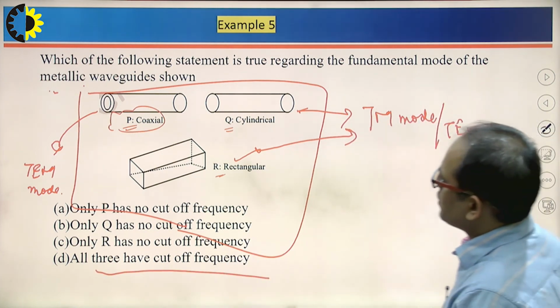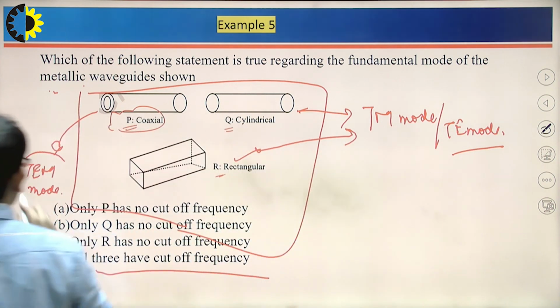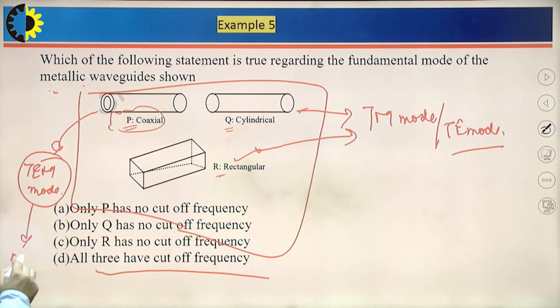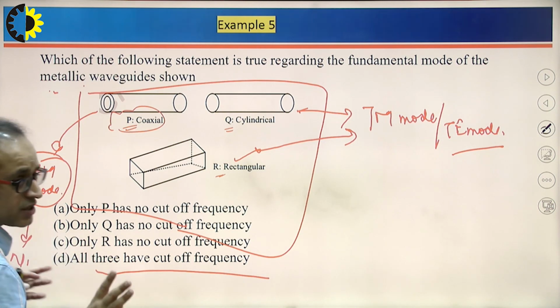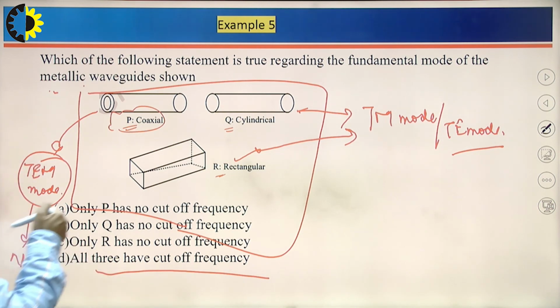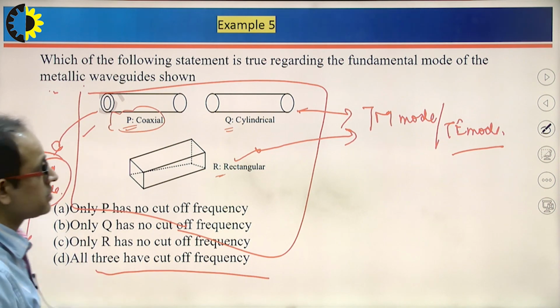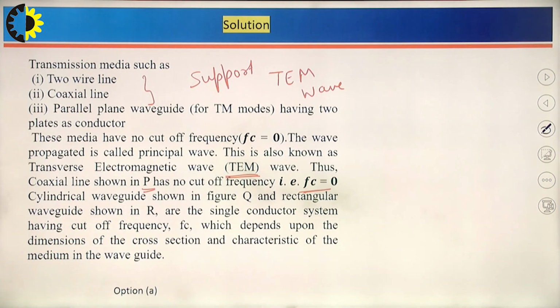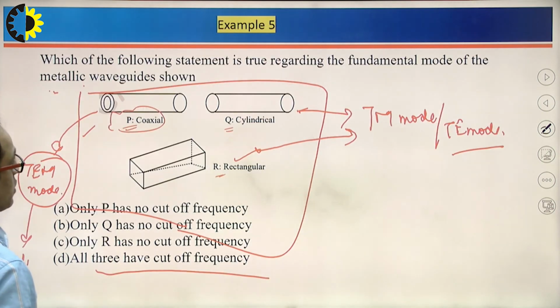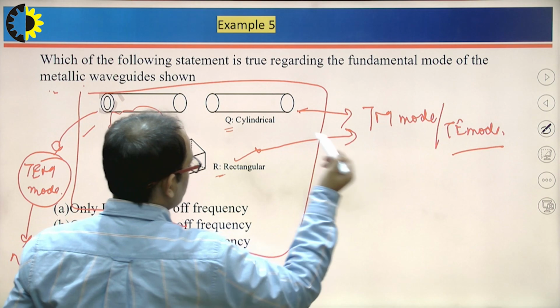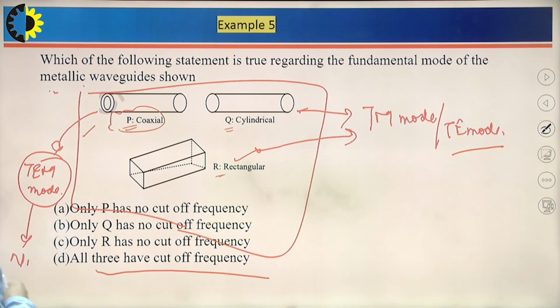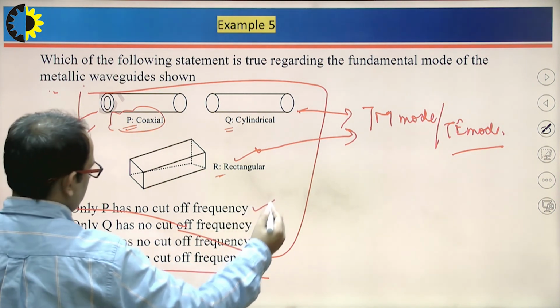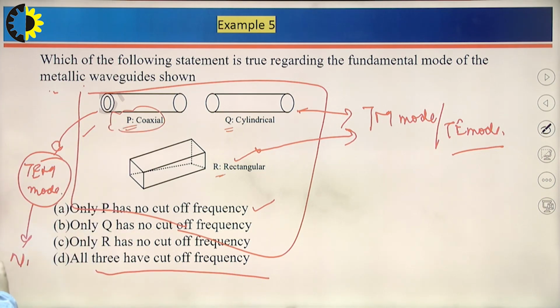As we know, for the TEM mode there is no cutoff frequency. The TM and TE modes both have a cutoff frequency. That's why only option A is correct: only P has no cutoff frequency.